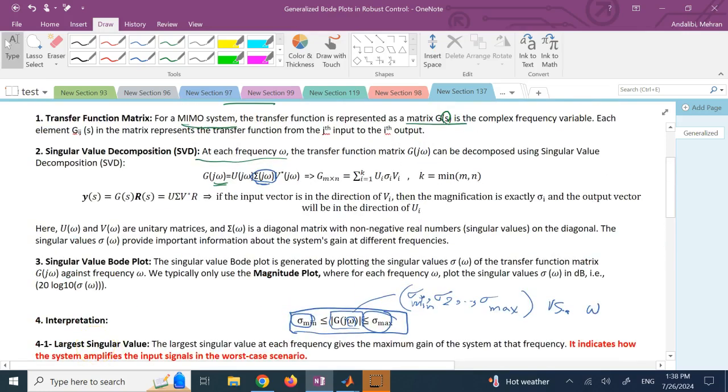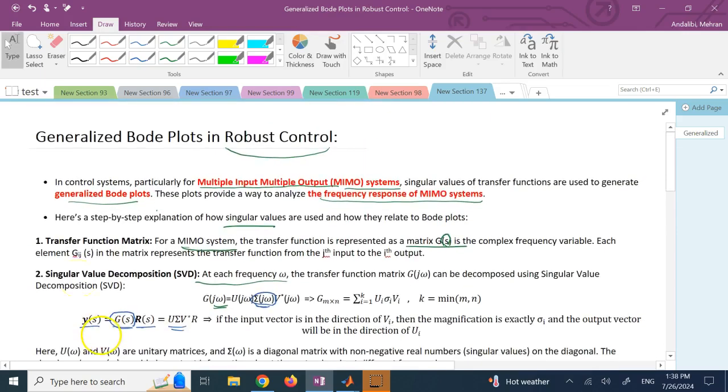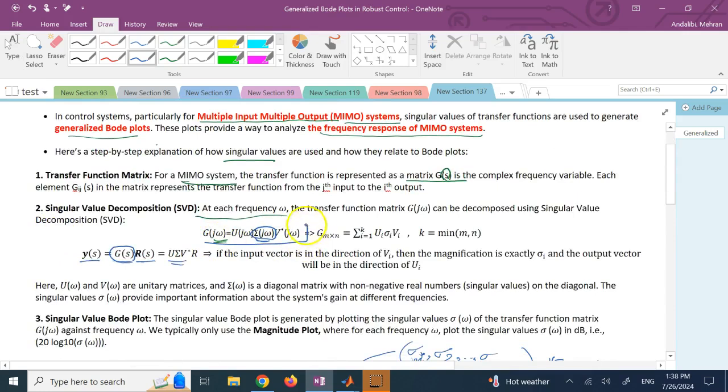And one last thing that I need to emphasize again is if your output y is written as your transfer function G times input r, which is the input to the system, the vector, and if you decompose G by U sigma V star, that's a typical singular value decomposition for any matrix, times r, what's the meaning of this? The meaning is this.